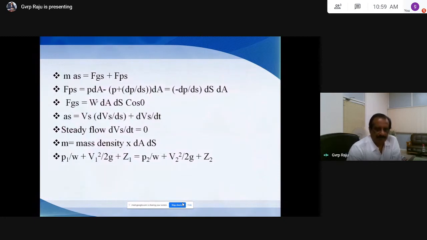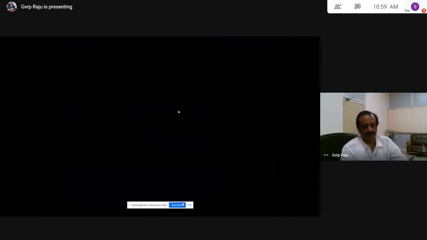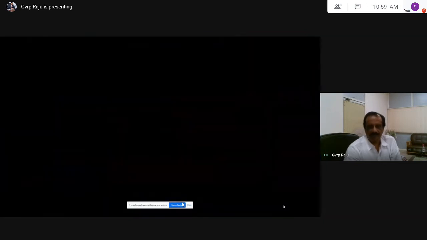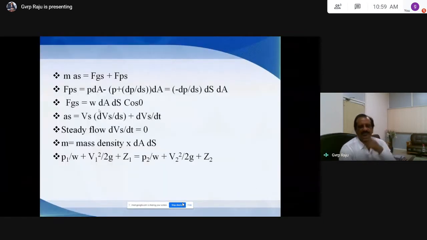This is the specific weight, small w here. So the gravity force is specific weight into dA ds, and the angle in which it is resolved is cos theta. So you can find the pressure force and the gravity force in the s direction.